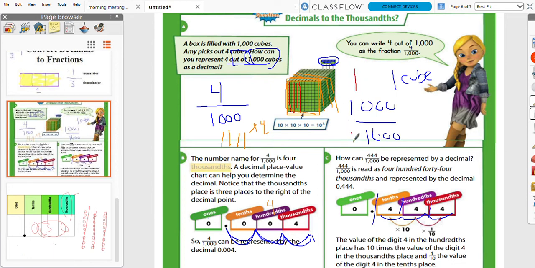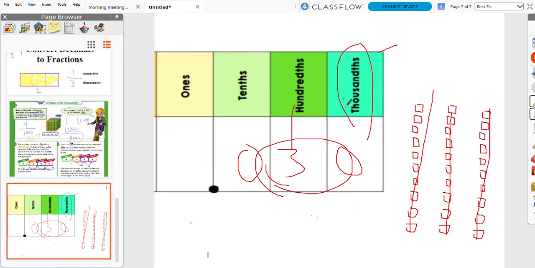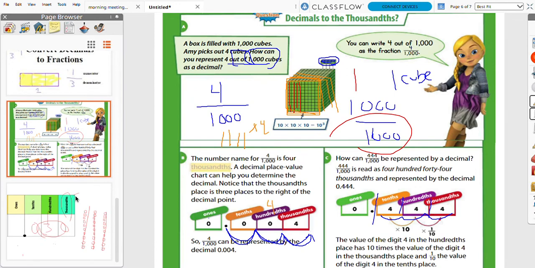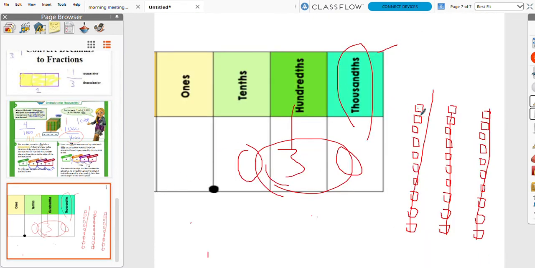Remember, we did that. So 1,000 would be 1 cube. Well, I have 30 thousandths, so 30 thousandths regrouped would give me 3 rods.